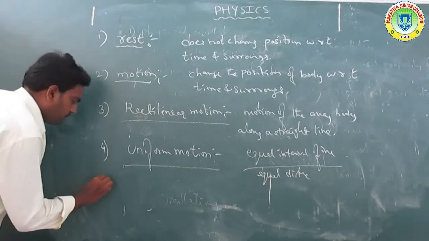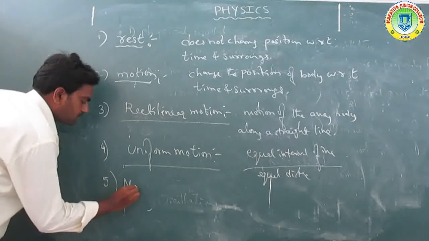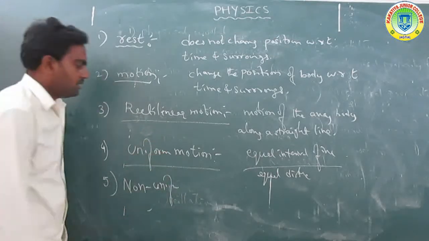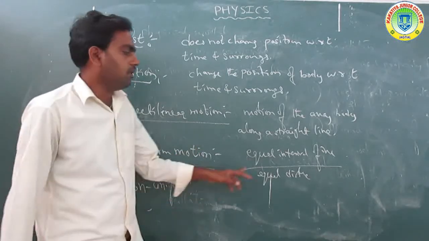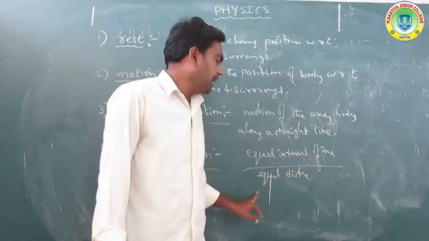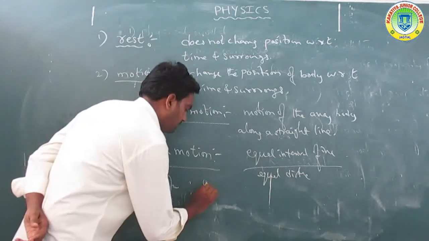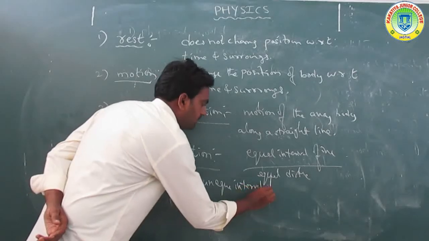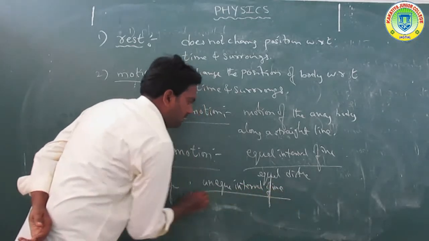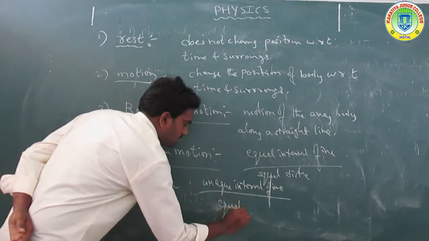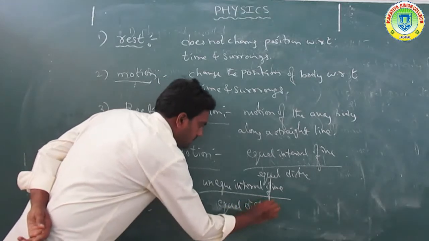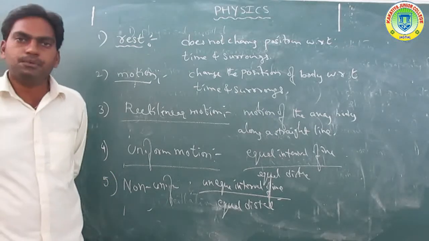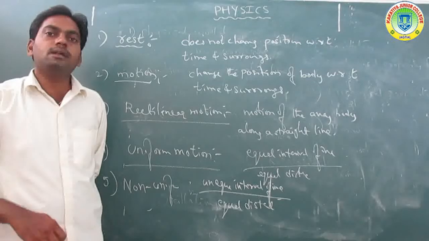Now another word, non-uniform motion. What is non-uniform motion? Non-uniform motion is unequal intervals of time for equal distance, is known as non-uniform motion.